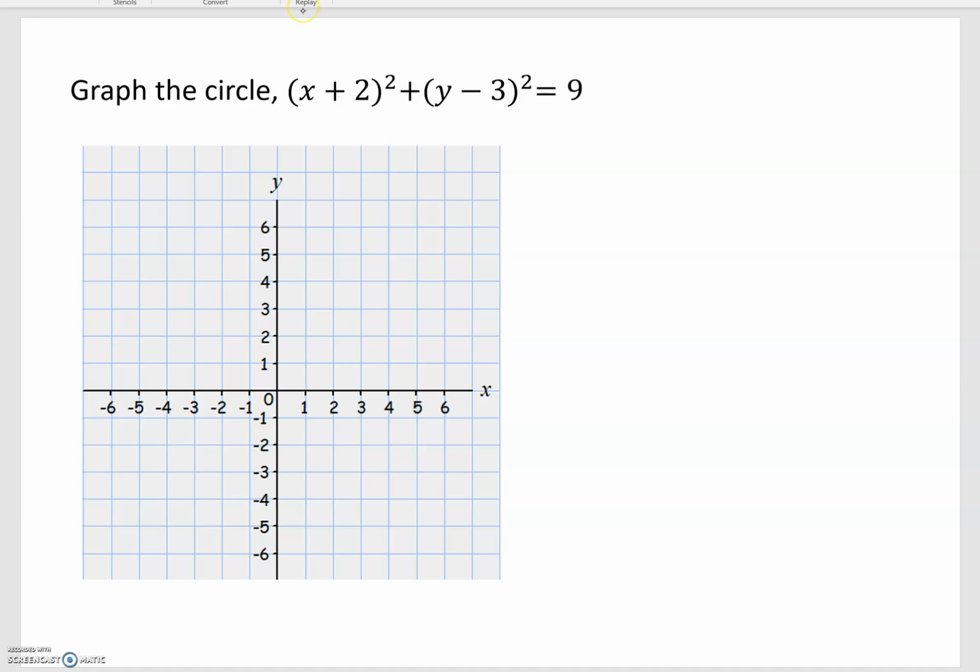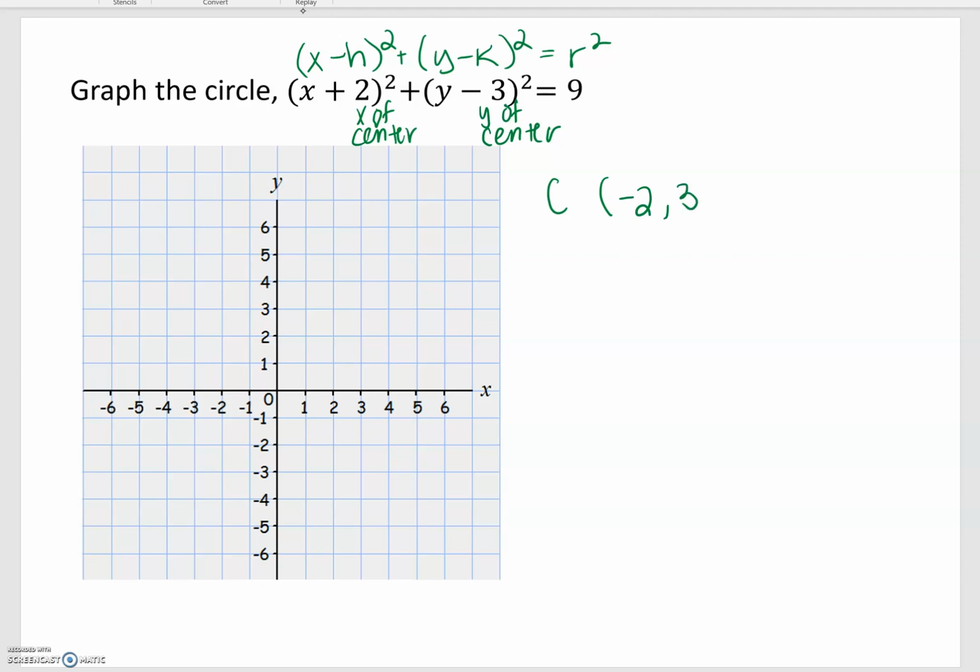So remember that in our equation, we normally have an h and a k. Okay, so that h and k are the center. So this is telling me the x coordinate of the center, and this is telling me the y coordinate of the center. So that tells me my center, my h, k, is -2, 3.